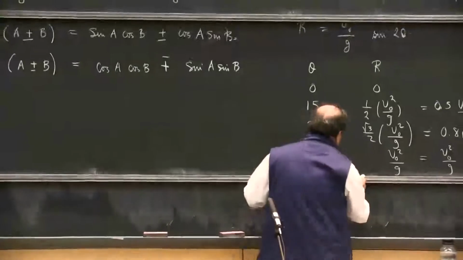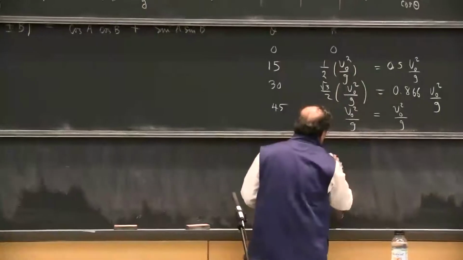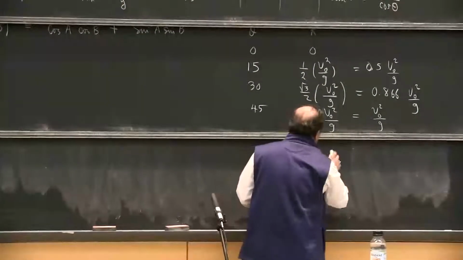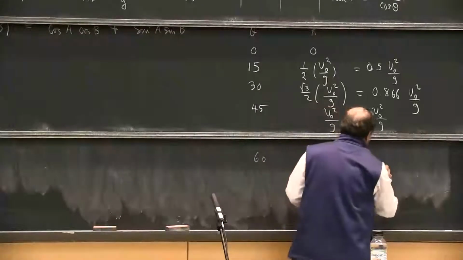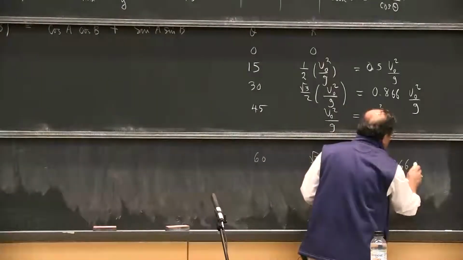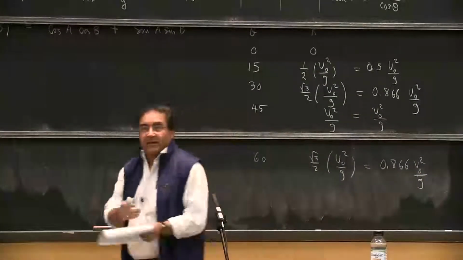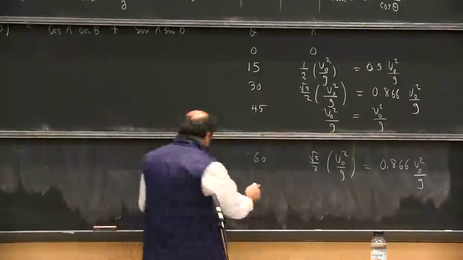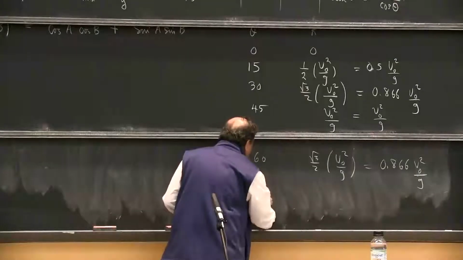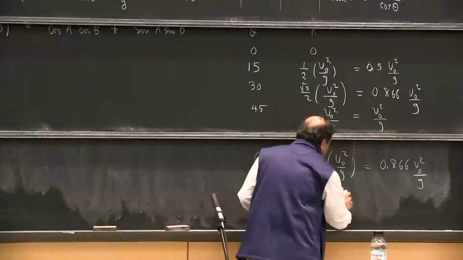And the answer I'm going to get is root 3 over 2 V0 squared over G, and therefore this will be 0.866 V0 squared over G again. So in other words, beyond 45, my range actually begins to shrink from the maximum range that I attained. At 75 here, it will be 150 degrees. I can calculate that as well. It will come up to 1/2, same thing.